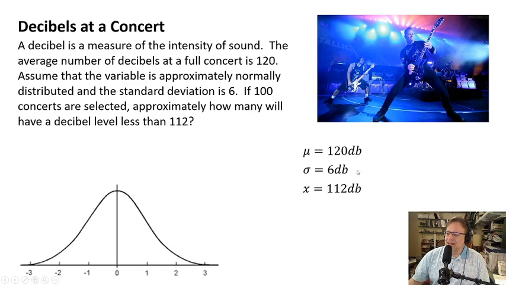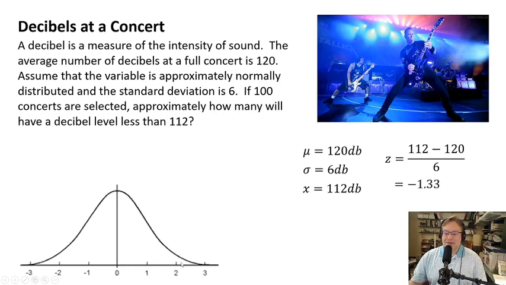All right, this is less than the mean, and so we know its z-value is going to be negative. Let's see exactly what it is. It's however many standard deviations it is away from the mean, that's what its z-value is going to be. So z is equal to 112, subtracting off the mean, this is going to be negative 8. So we know it's going to be negative now. Negative 8 divided by 6 is negative 4/3, or negative 1.33. Okay, so it's going to be over here somewhere.